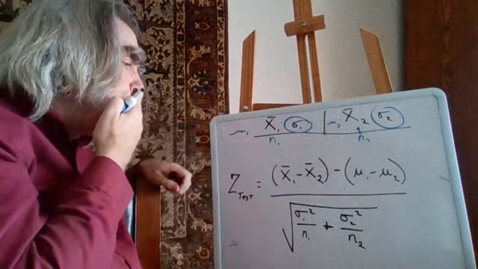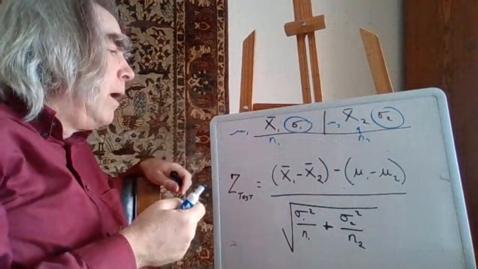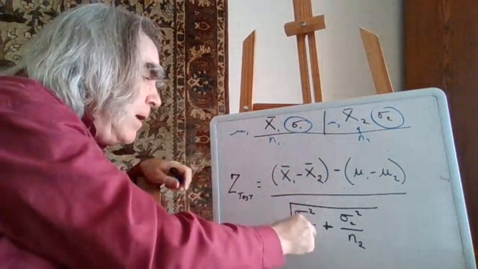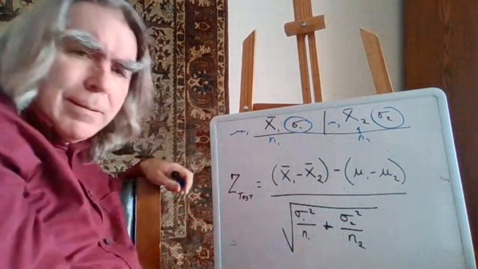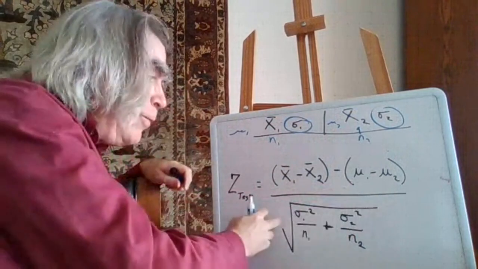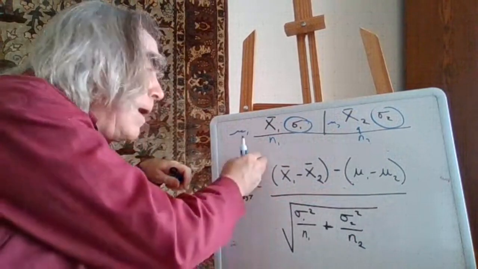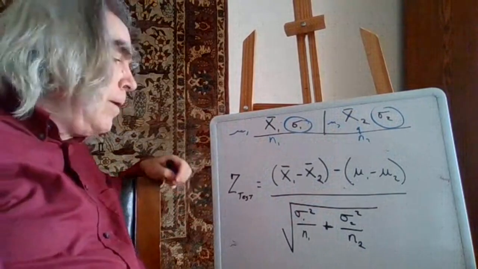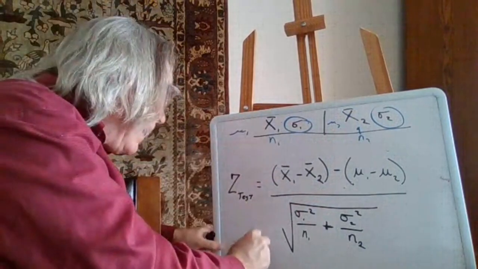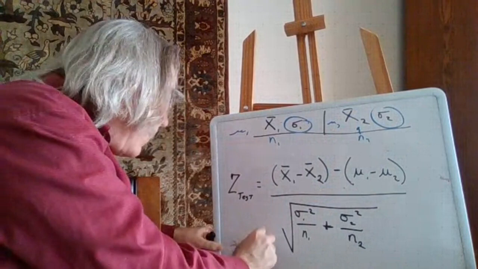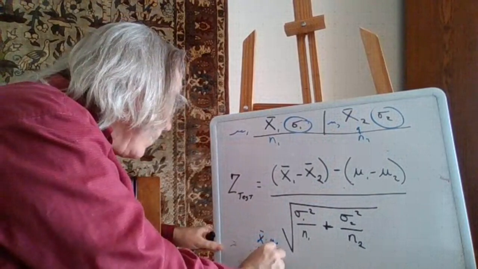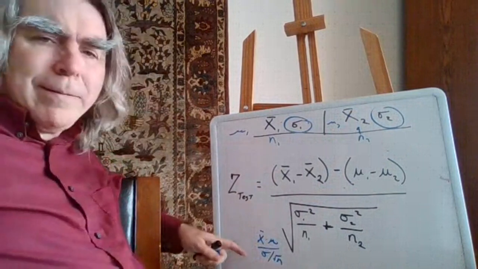Okay? Now, by plugging these in and doing the math and then taking the square root, we get the bottom. Up here, the differences, we get the top. Right? Remember, our old one looked like x bar minus mu over sigma over square root of n. Right?